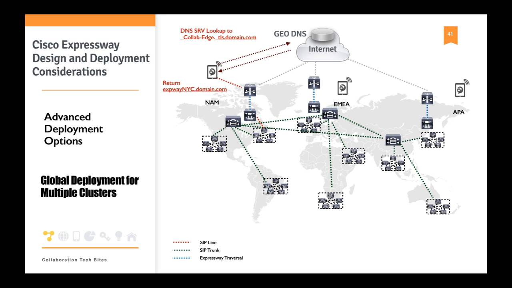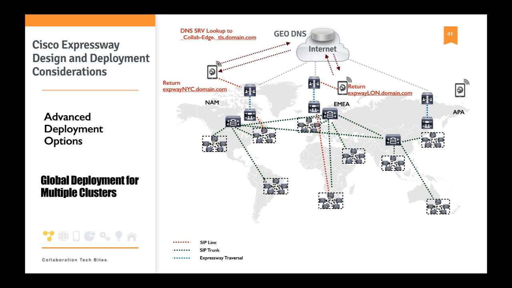And what happens is Cisco Jabber will actually register. Here the red dotted line is a SIP line registration to the call manager in New York, for example. And in EMEA, maybe someone is in the EMEA region, or maybe in Africa, and he queries the same DNS SRV record.